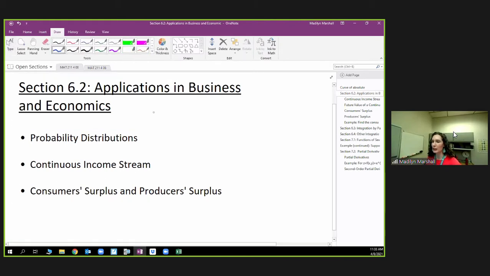What we're actually going to be covering in this class are these two. Three, technically. So we'll talk about continuous income stream and consumer surplus and producer surplus.